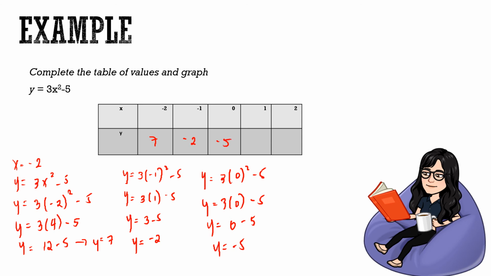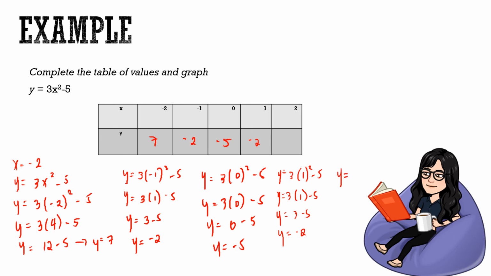Okay? So substitute positive 1 for x. So we have y equals 3 times positive 1 squared minus 5. So y equals 3 times 1 minus 5. So y equals 3 minus 5. Y equals negative 2. So again, reflection. Okay. So let's have the last one.